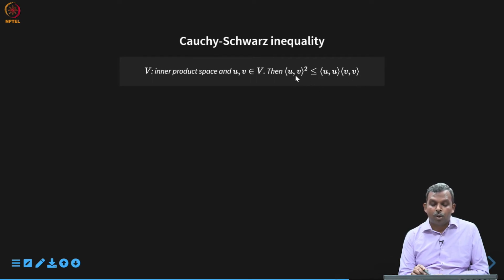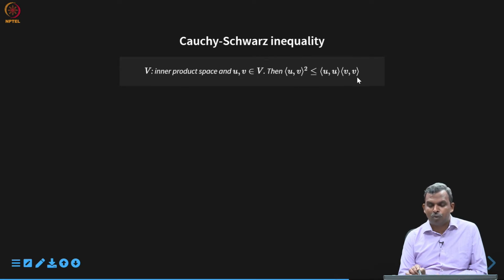The inner product of U, V squared is upper bounded by the product of two inner products. The first one is the inner product of U with U, the second one is the inner product of V with V. This is called the Cauchy-Schwarz inequality. It shows up in so many applications in so many places and gives you a very easy way to estimate things and just do analysis very cleanly.